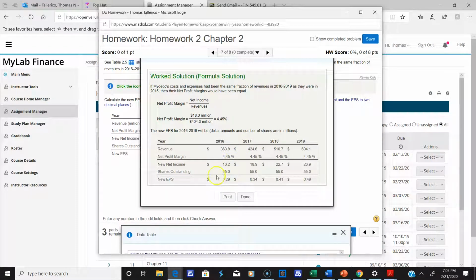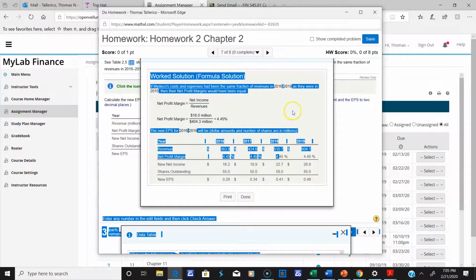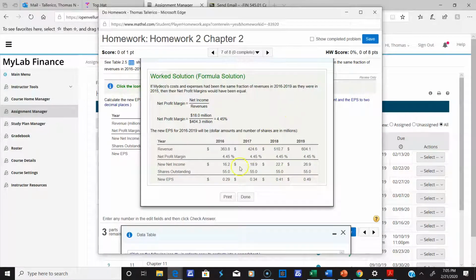Once you've got that, and you know the number of shares outstanding, you can simply calculate the new earnings per share. So basically 16.2 divided by 55 gives you 0.29, and likewise for these two right here. Just divide these two and you'll get that, and that gives you the new earnings per share.